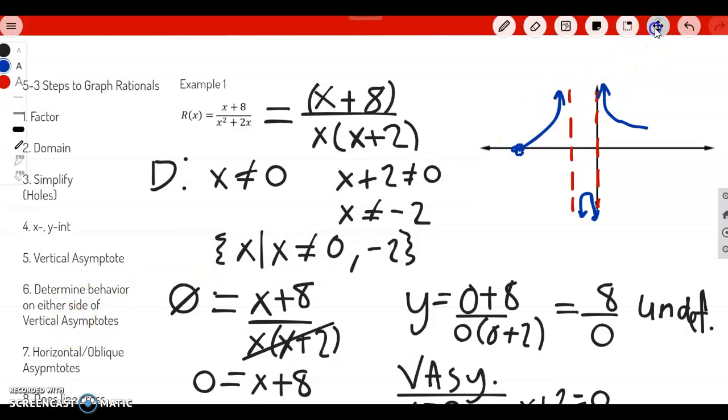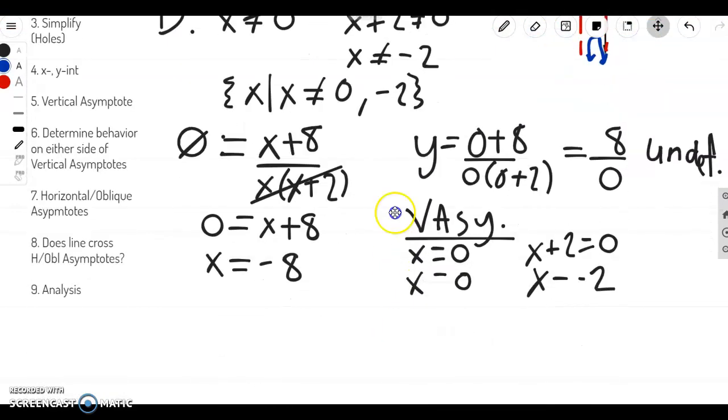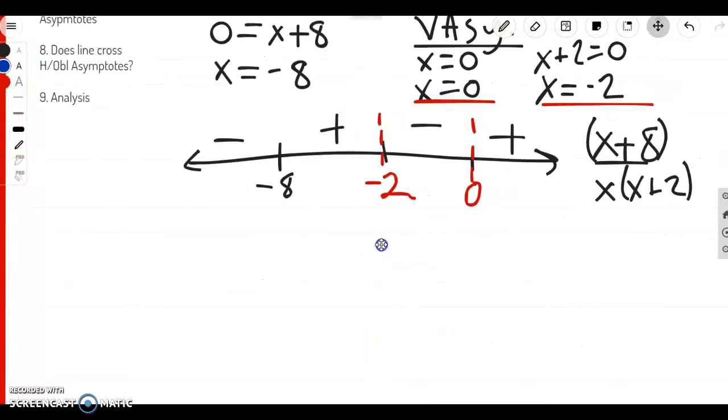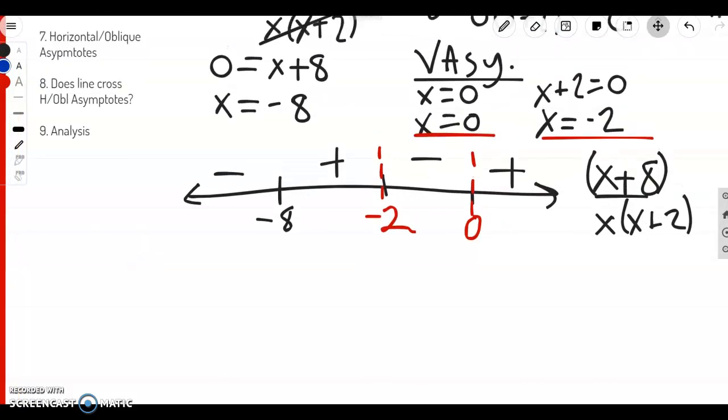Step 7 is looking for the horizontal asymptotes. So when we have our horizontal asymptotes, all we're doing is comparing the degree of the numerator and the denominator. And so we have 3 things that can happen.